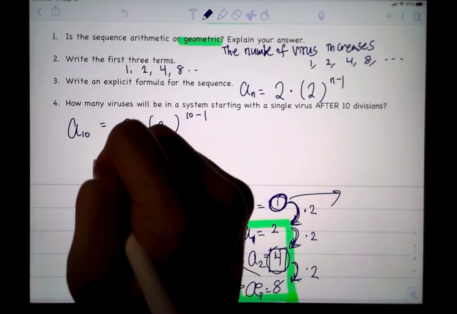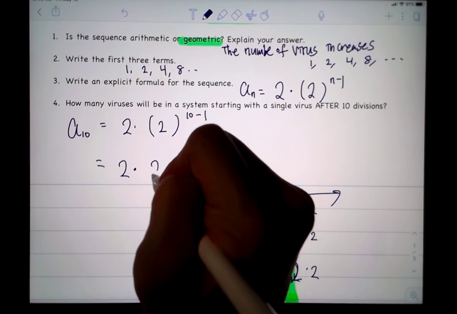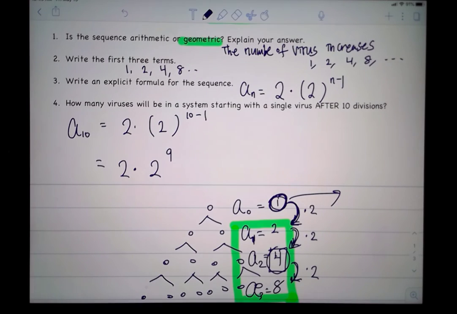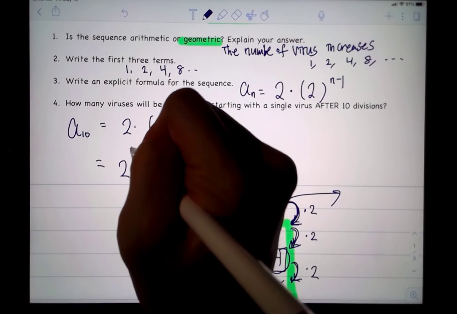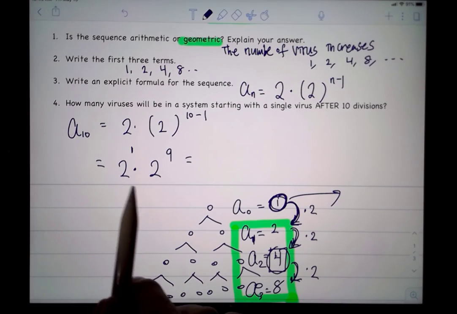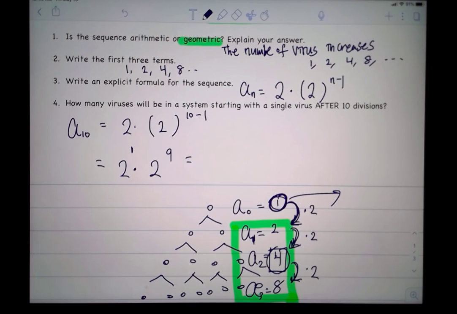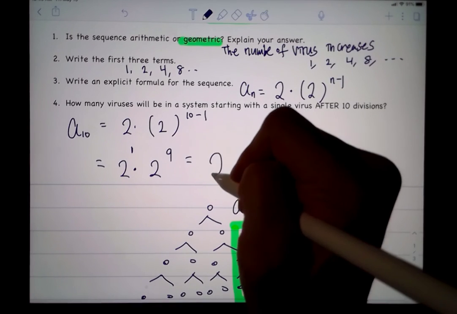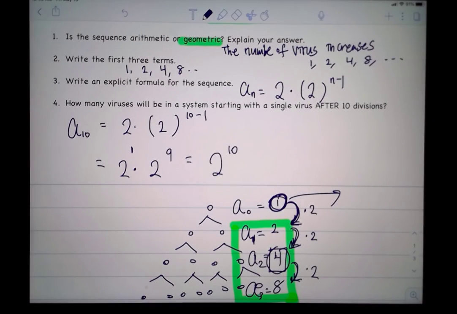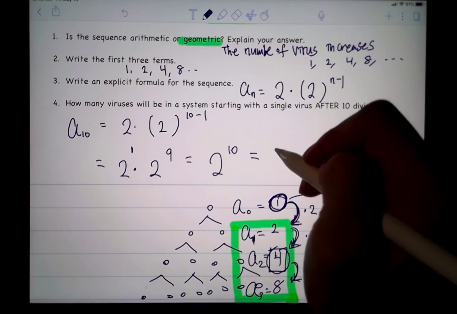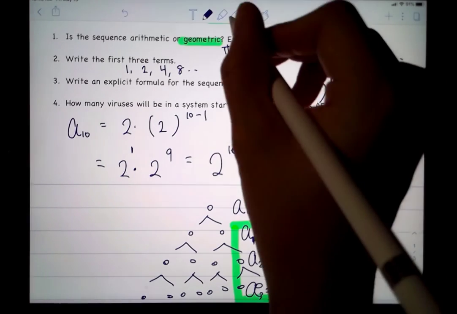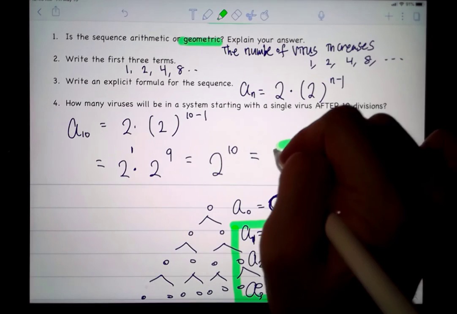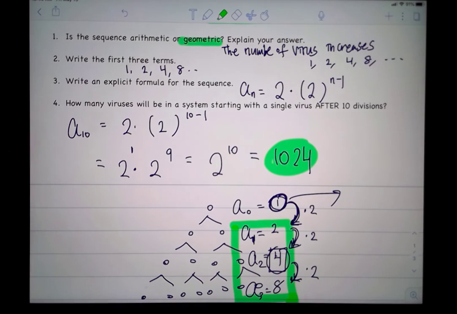So 2 times 2 to the 9th power, that's 1 here. In total you have ten 2's, so 2 to the 10th power, which is 1024. You can use a calculator for this. So 1024 is my answer.